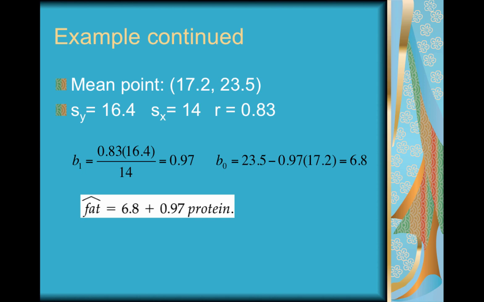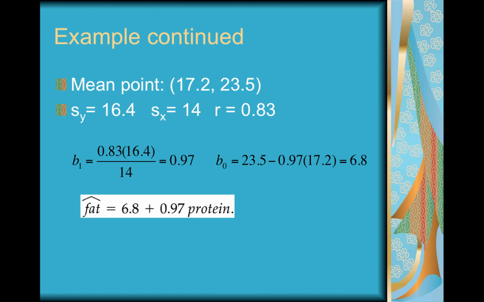Here we have b sub 1, which is our slope, and we have to calculate that first. We do that by taking our correlation coefficient and multiplying it by the standard deviation of our y variable, divided by the standard deviation of our x variable. We end up with 0.97 as our slope, and again, it's y over x.